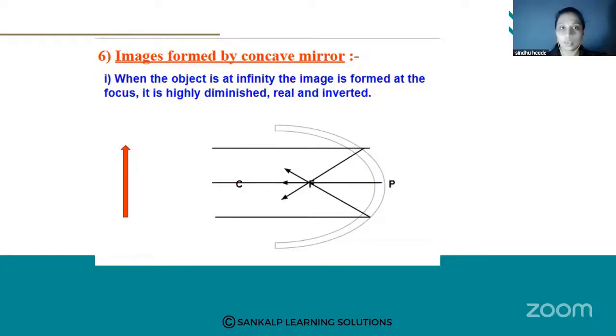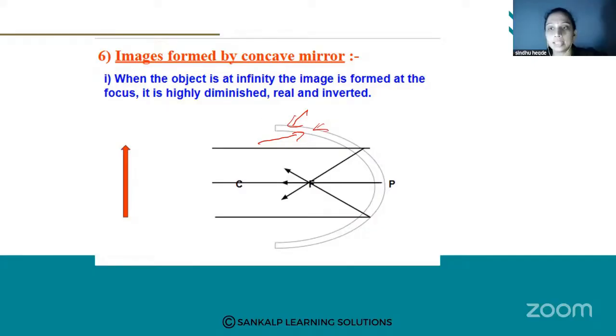See this diagram carefully. This is a concave mirror. It bends inwards, and this surface is not the reflecting surface. This is the only reflecting surface.